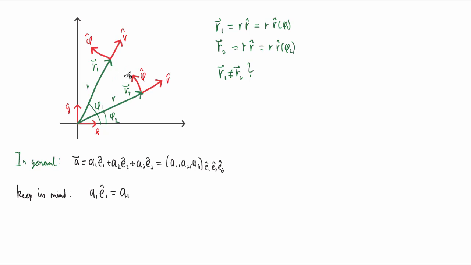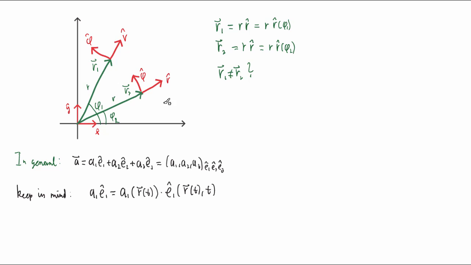So depending on what we are looking at here, A1 could depend on the position R, which can depend on time. But it is also true for E1 hat. It depends on position, which can depend on time. It's also possible for E1 hat to depend on time itself.